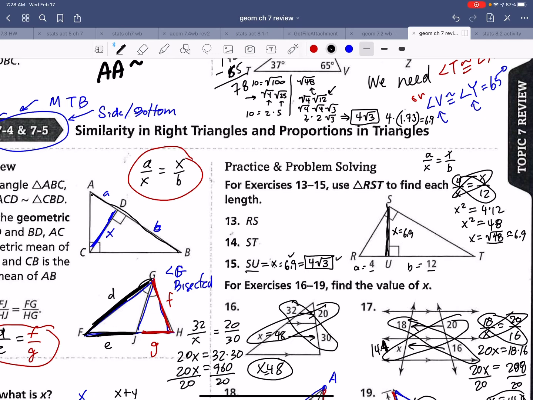Okay. Now, can I solve for ST here? Right? And the answer is sure. I've got 2 of the 3 sides. So I actually want to go back to calling X the square root of 48 because it'll keep it a little cleaner. So to solve for ST, my short side's the square root of 48, my medium is 12, and my long side ST is what I'm solving for.